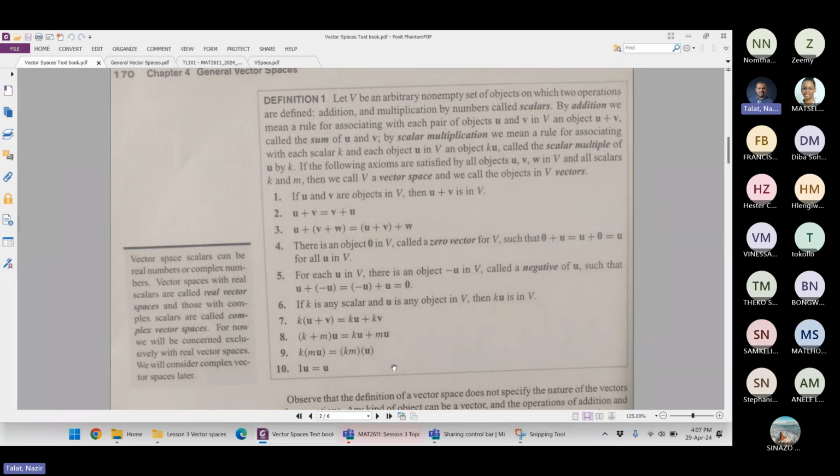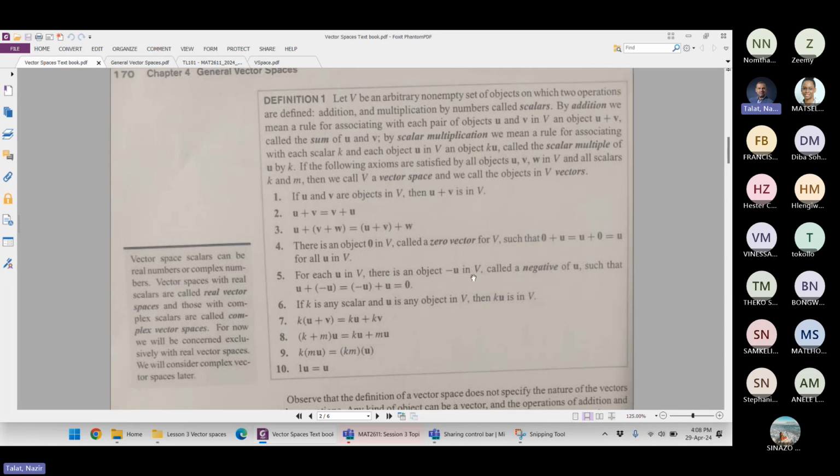First of all, we can check the set of real numbers. The set of real numbers is a vector space, because the sum of two real numbers is a real number, which also belongs to the same set V. If you take V equal to R, V also satisfies this property. Zero also belongs to V. You can check that each element has an additive inverse belonging to R as well.